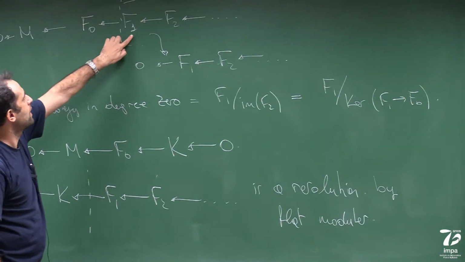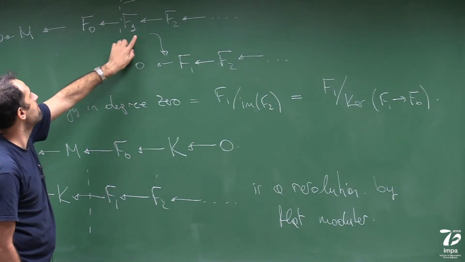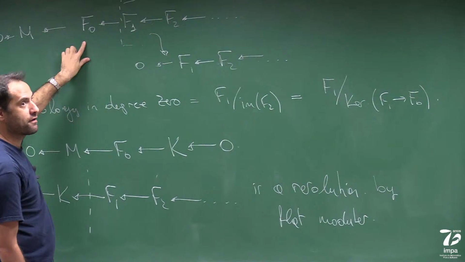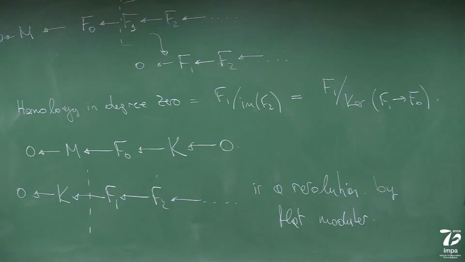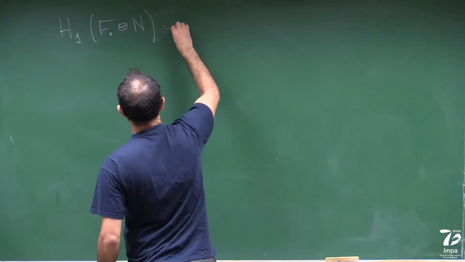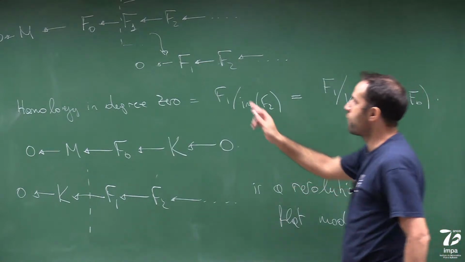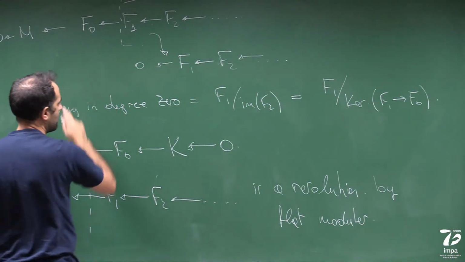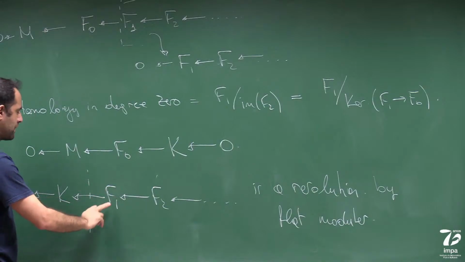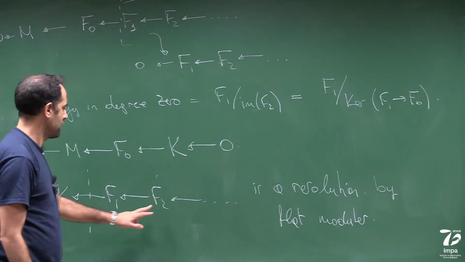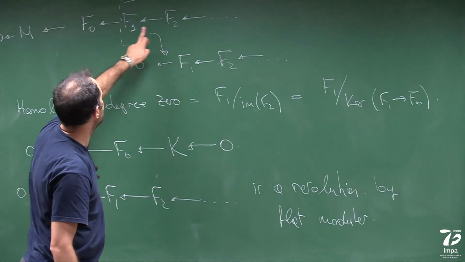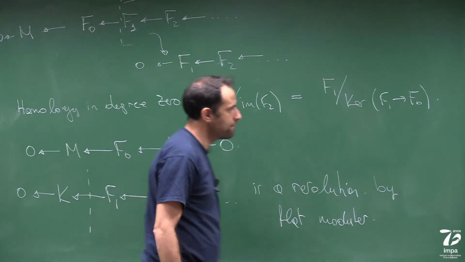Well, I'm going to look at F1 tensor with N, mapping to F0 tensor with N, the kernel of that, modulo the image of this. I can look at the kernel from F1 to F0, but I already know what that is, because this F1 to F0 factors through this map to K. And then I need to divide by the image of F2 tensor with N.